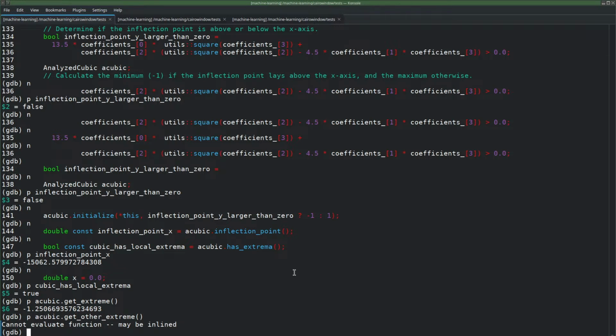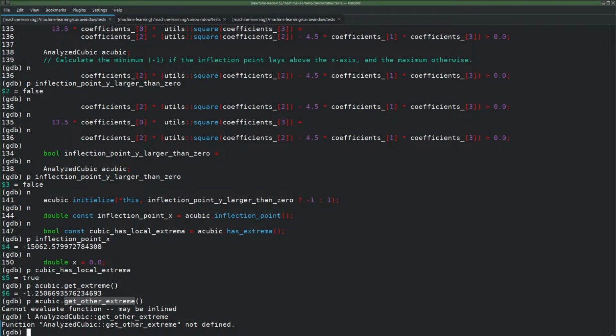It should just exist, but it refuses to print it. Maybe inlined. I'm not using optimization even.